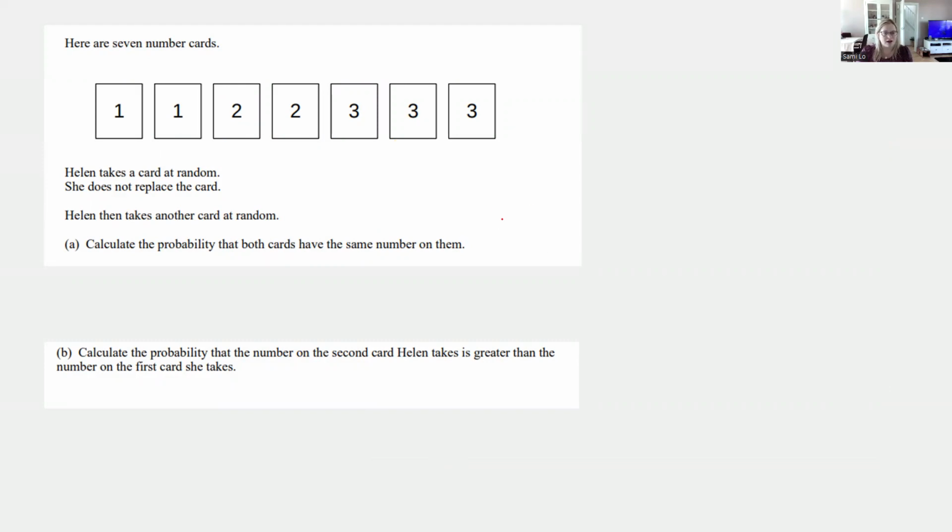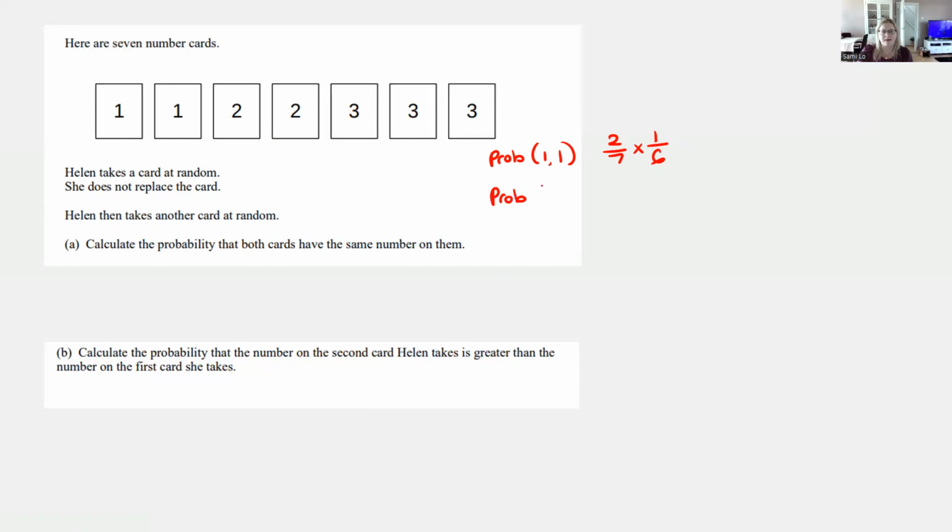So I've got 7 different cards. And if I just go through the numbers, the probability of 1, 1. So choosing 1 twice. The first time the probability of 1 is 2 over 7. And then the second time is going to be 1 over 6, because there's going to be 1 less card.